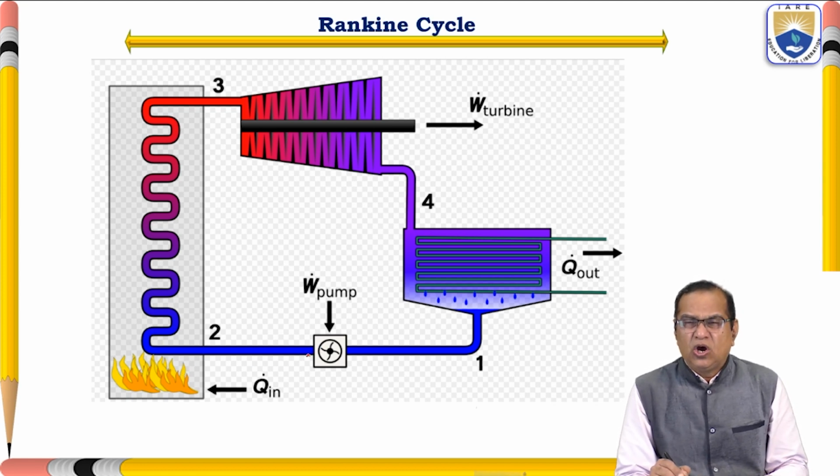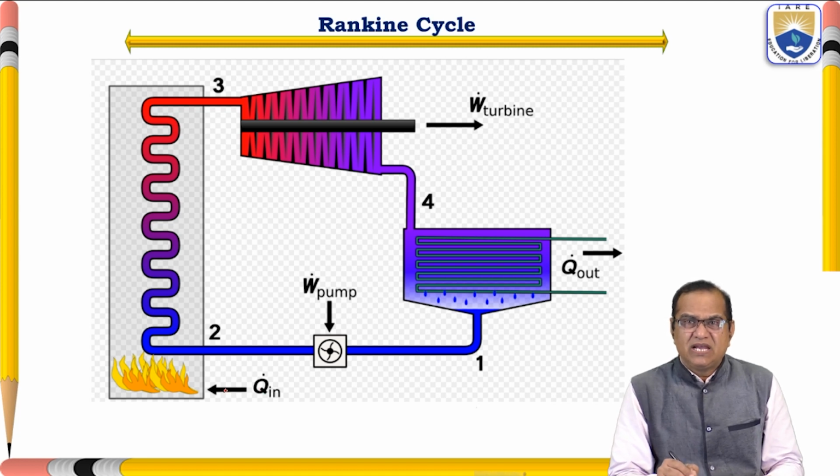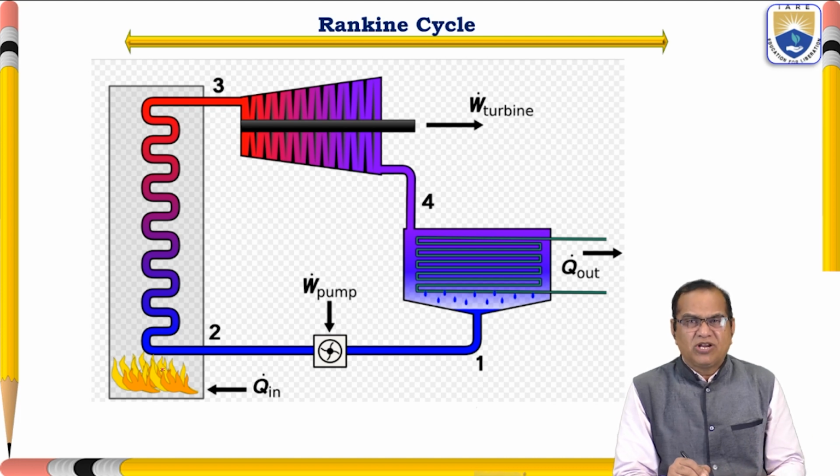So the cold water which was compressed by the pump is fed here, and the heat Q in is given by the help of any burning material, maybe a petroleum product, wood or coal.